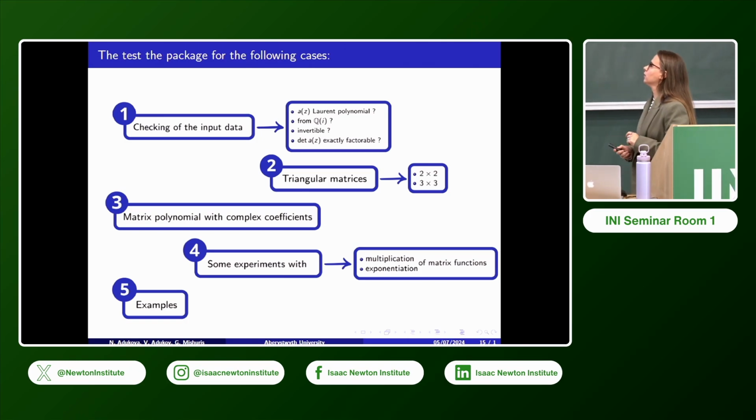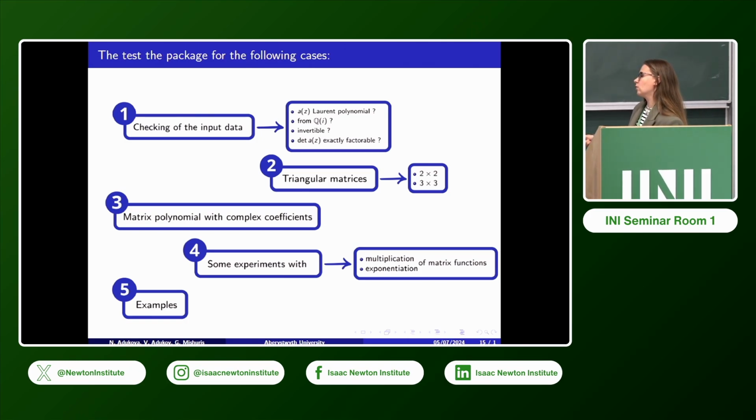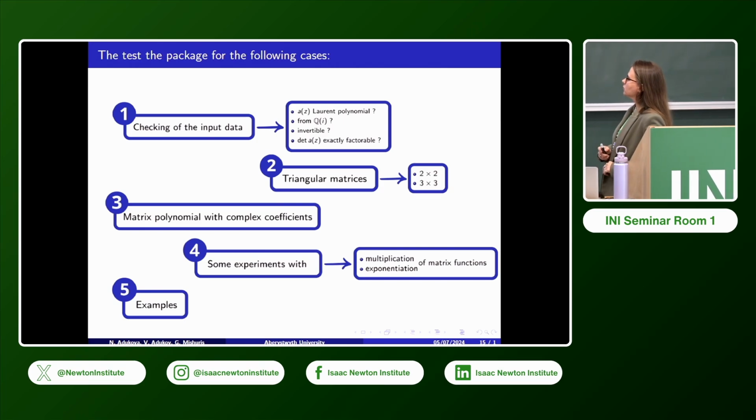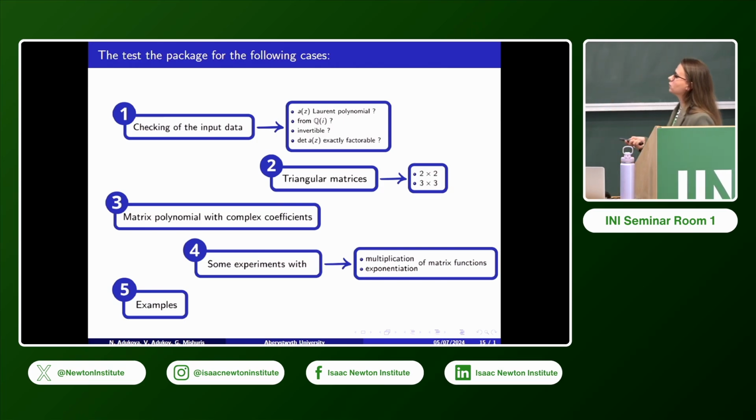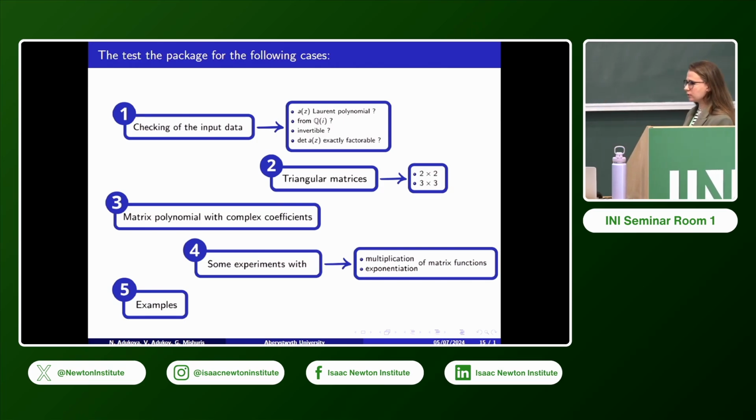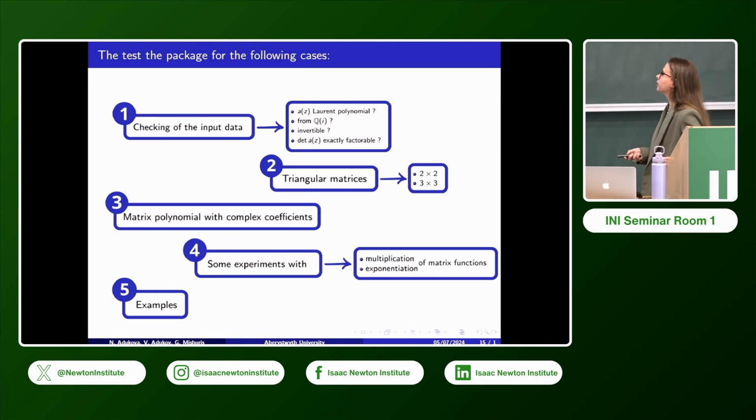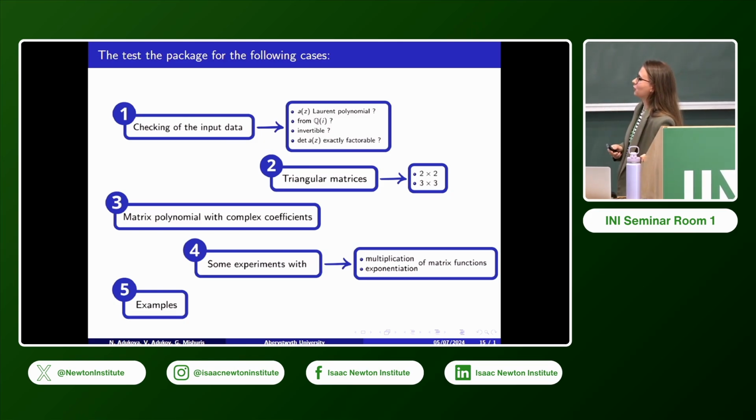Then in triangular we will have one with complex coefficients, and then we will try to do some experiments with multiplication and exponentiation, and I hope that in the end we will have some time for your example. Maybe someone will be happy to provide a very simple matrix, and we will try to solve it.